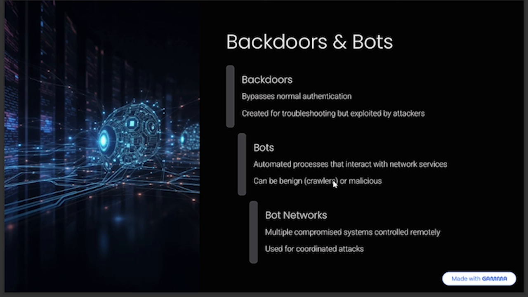Some common examples of bot programs are the crawler, chat room bots, and malicious bots. We can also add the botnet, which is multiple compromised systems controlled remotely, which is also used for coordinated attacks.